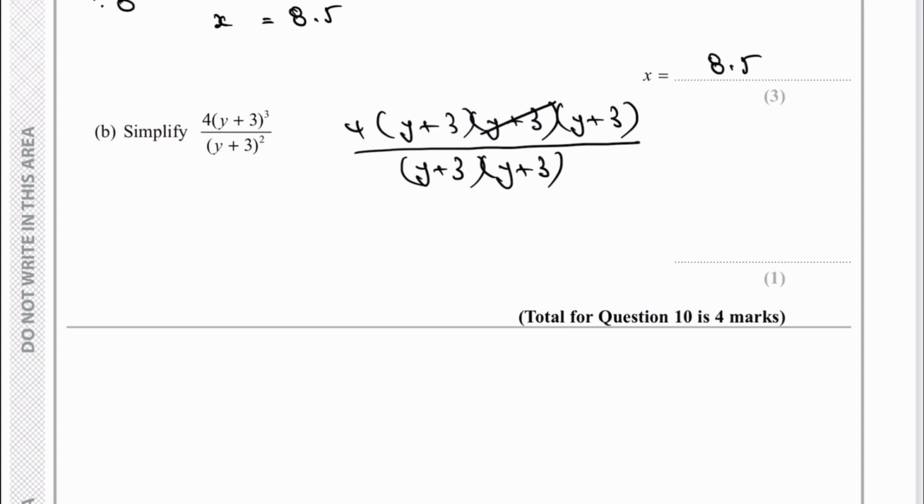I'm going to cancel that one and that one and that one and that one, so what I get left with is 4 times y plus 3, and if you want to you can expand that out, you can get 4y plus 12. It won't really matter whichever way you write it for the purposes of the marking scheme.